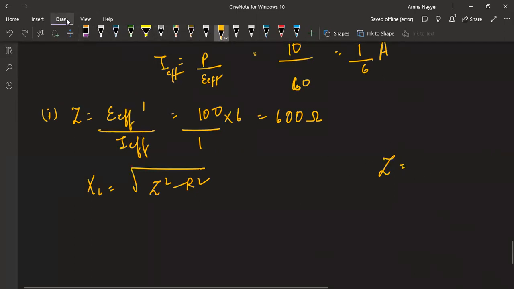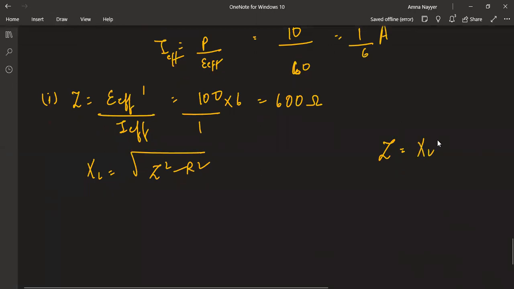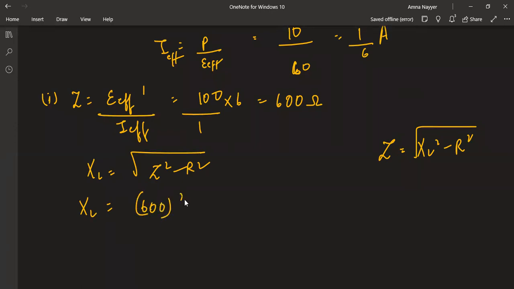So 600 whole square minus R, which is 360, 360 whole square, under root. When you solve this, you should get around 480 ohms.